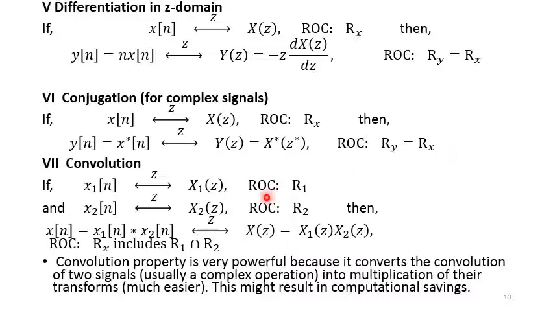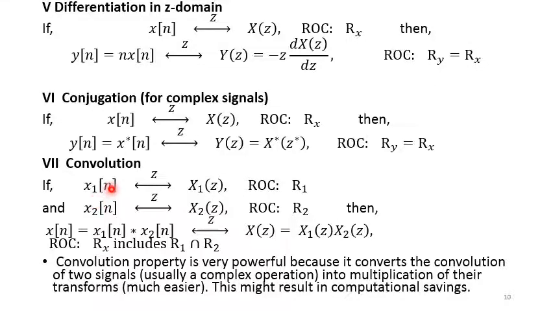Okay, the next property is the convolution property. In the previous lecture we talked about the discrete time Fourier transform, and there we also discussed the convolution property, and it is similar. Convolution in time domain corresponds to multiplication in the z domain.